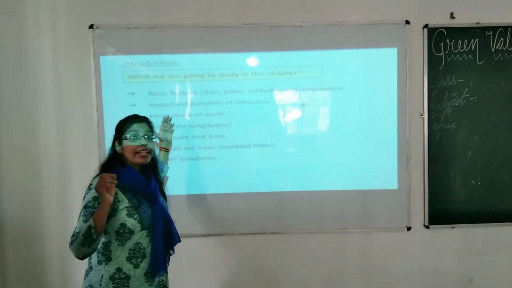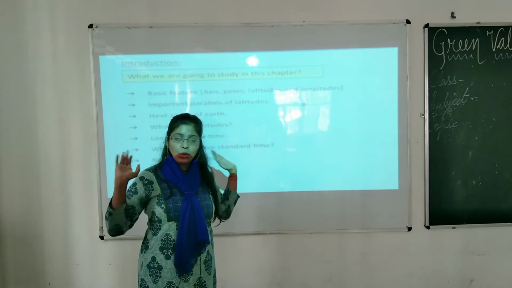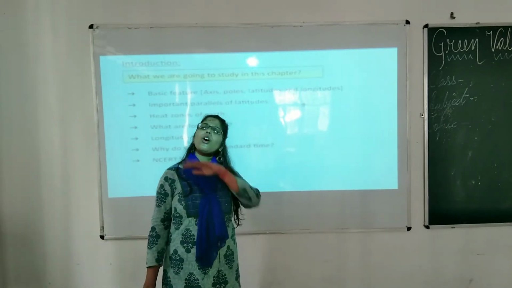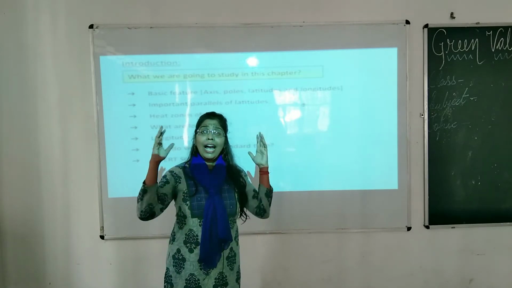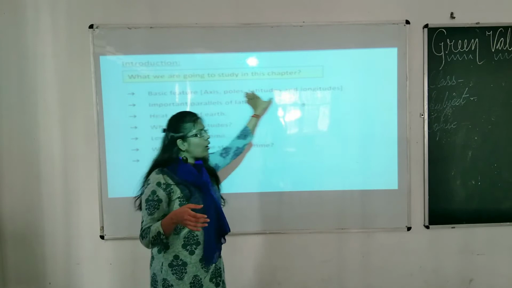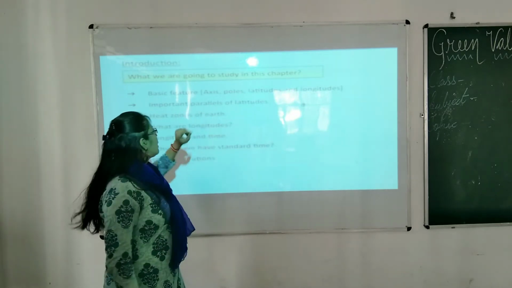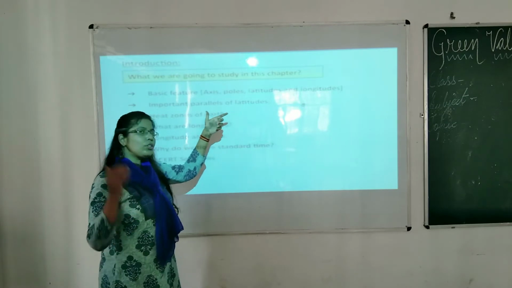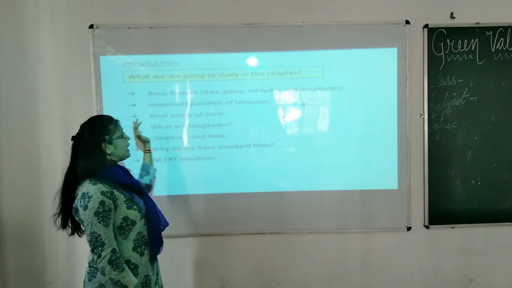Then what are important parallels of latitude. Don't worry, I know all terms are new to you all. I will be clearing all the terms, I will be giving the meaning, and I will be showing you the exact picture of all this. So don't worry, enjoy. Okay, important parallels of latitude. What is latitude? What are the parallels of latitude? Heat zones of the earth.